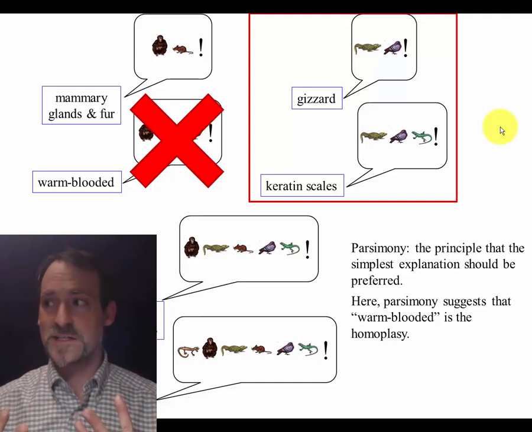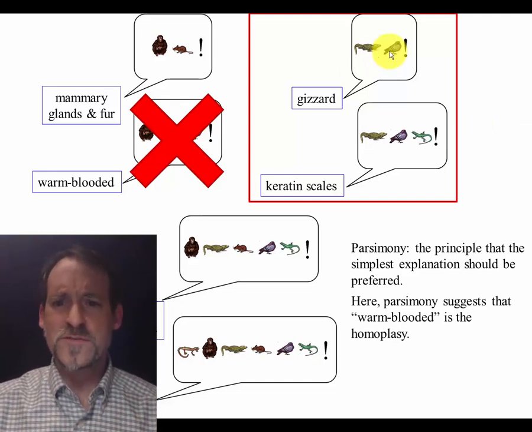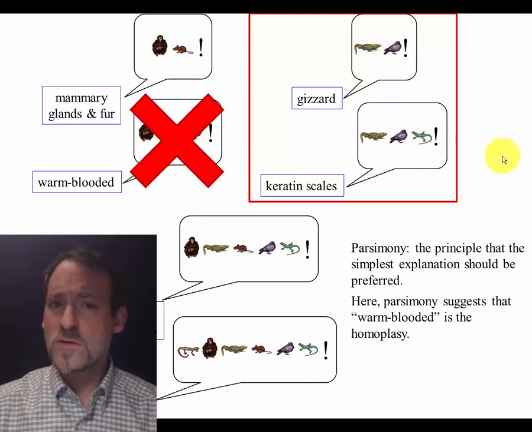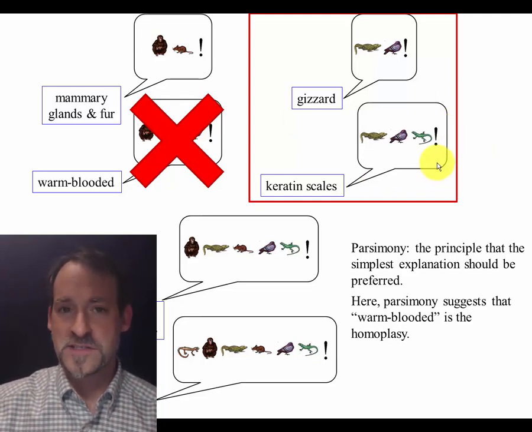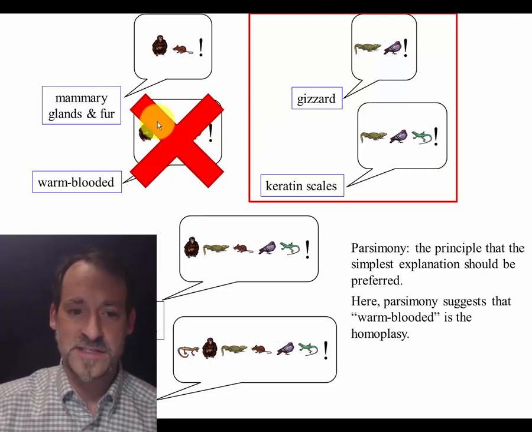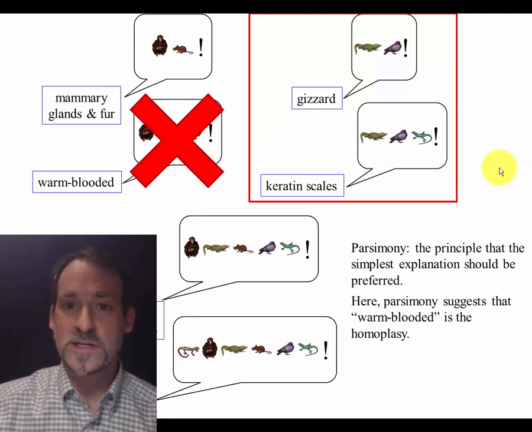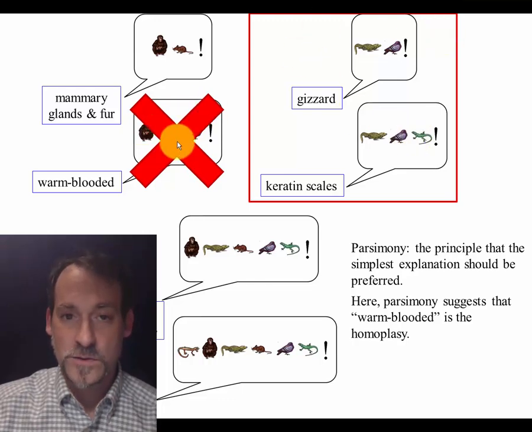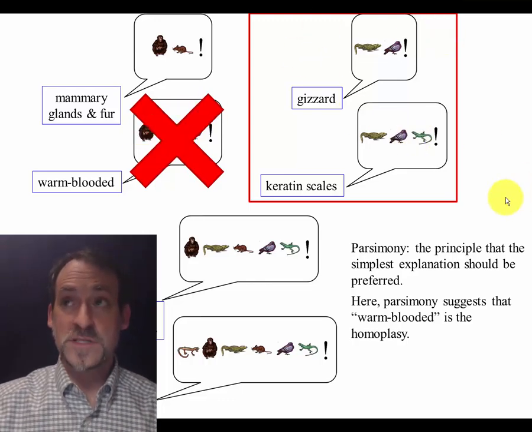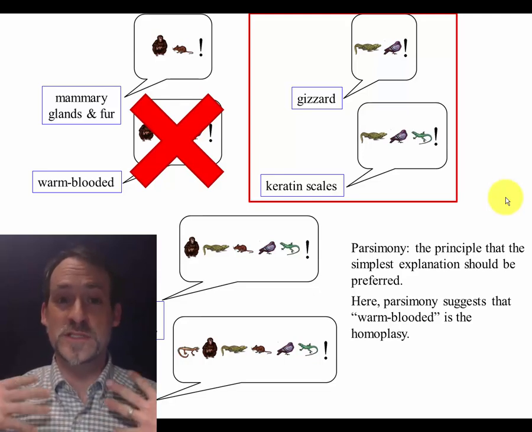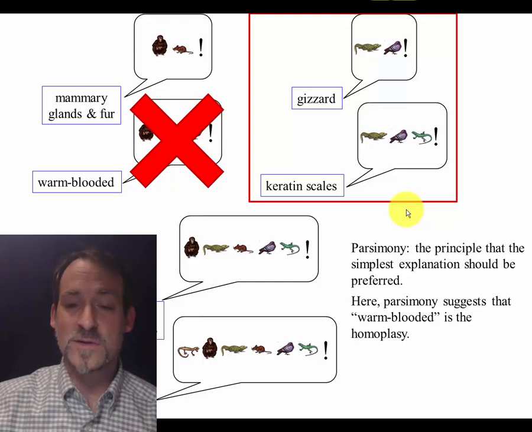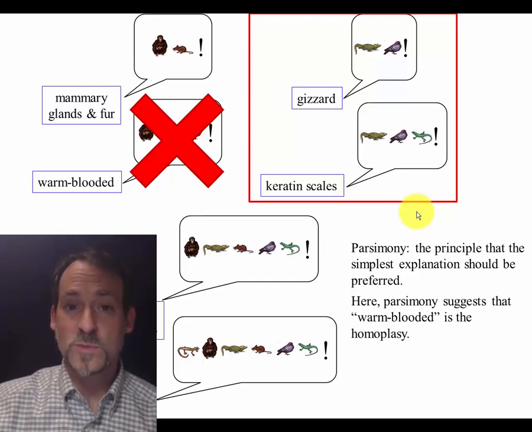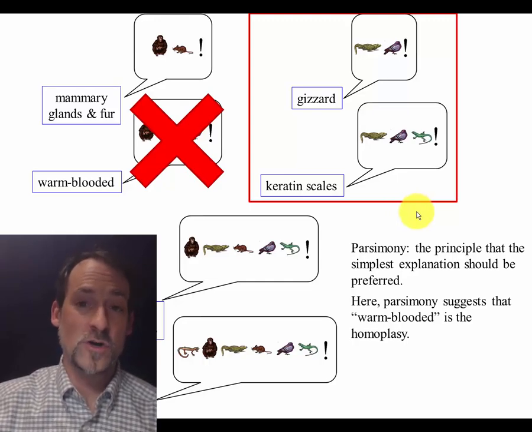In reality, when you've got a vote of 2 against 1, that's not really strong evidence that this is the correct hypothesis about the evolutionary history, and this is not. What you really want is lots and lots of traits piling up on this side and very few over on this side. But just for the purpose of this demonstration, basically what I want to show you is that this is how synapomorphies will end up outvoting homoplasies.